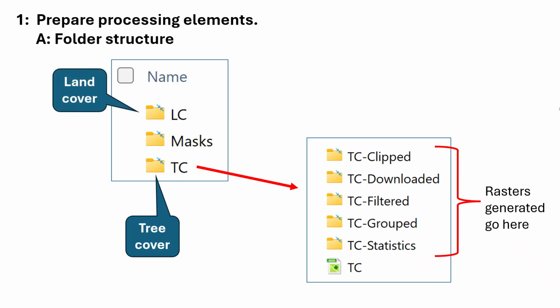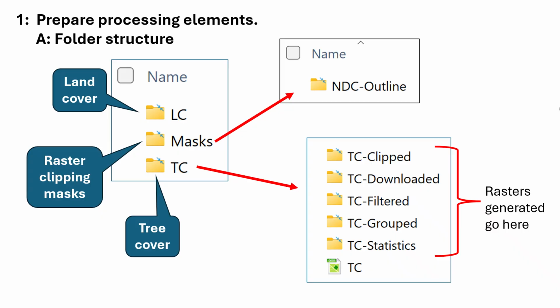The land cover folder will contain materials created in the associated section of the overall satellite imagery project. The raster clipping mask folder will contain the mask that will be used to clip downloaded image rasters to our region of interest. The tree cover folder also contains the QGIS project we will be describing here.